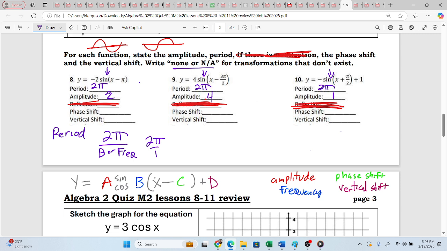All right. So now let's go to phase shift and vertical shift. Right here, there's nothing on the outside. Remember what I was telling you: this whole thing here is pretty much all these things being put together. They're like one thing. So I've got sine, which is a function. You can think of a function like a toaster.